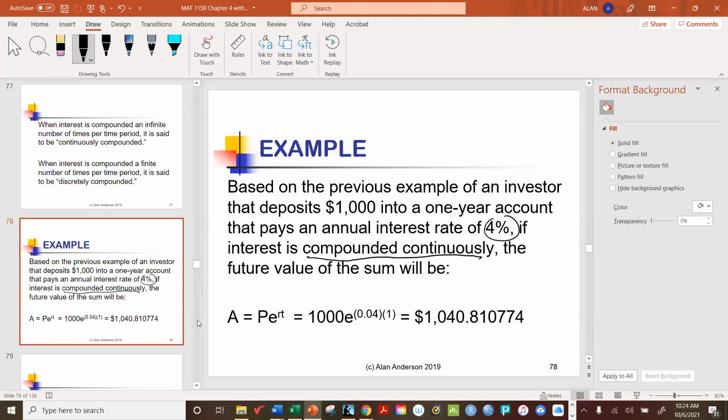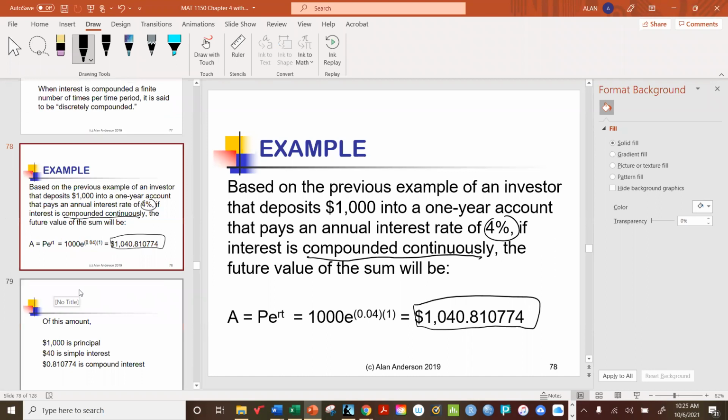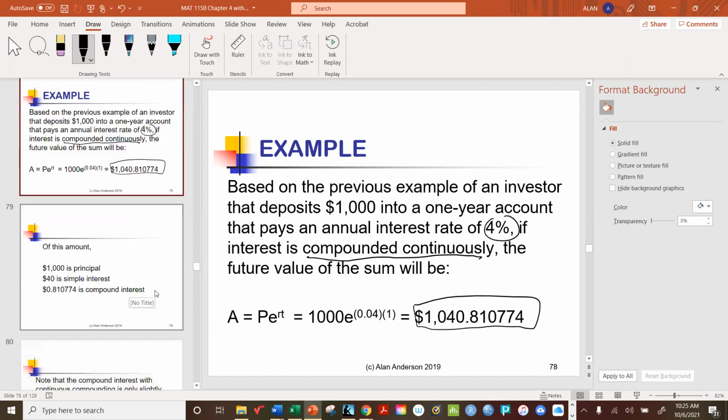Now we need this formula, and you'll see that it's not a whole lot more than the daily compounding. In fact, it's just slightly higher, which is kind of disappointing. But remember, this represents the limiting case for how much interest we can earn. So what we have here is $1,000 worth of principal, $40 worth of simple interest, and now our compound interest is right here.